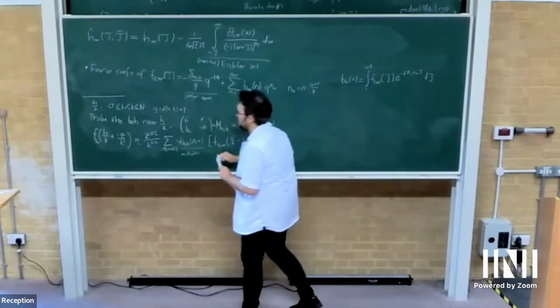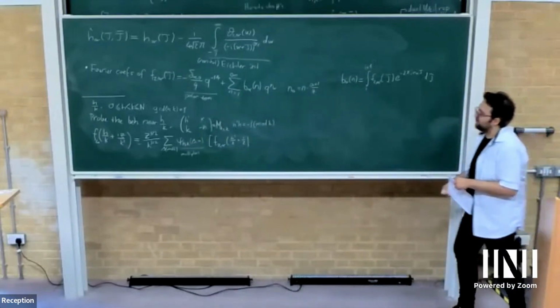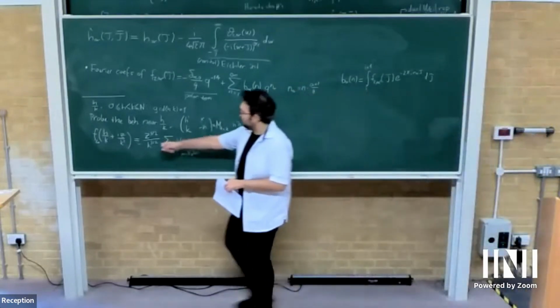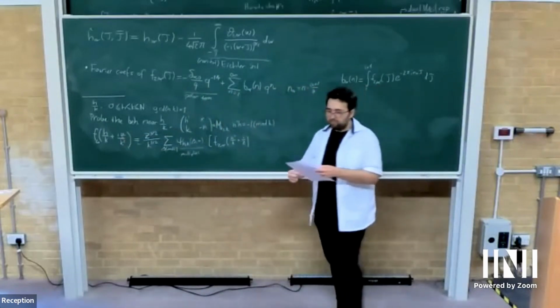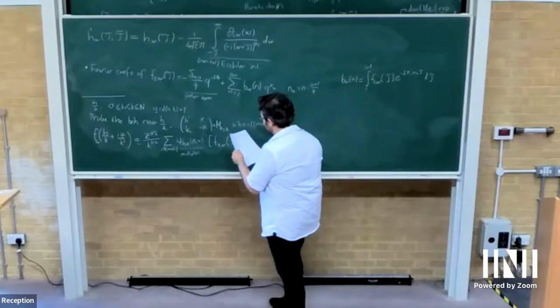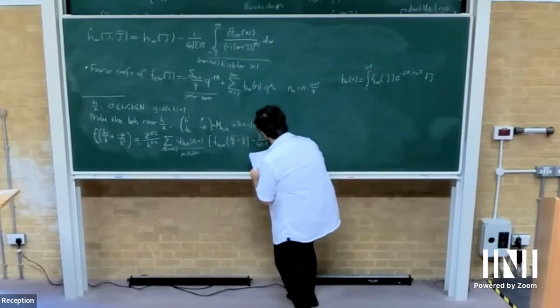Now, if this were an ordinary modular form, I would be done, and that would be great. As V goes to 0, this goes to infinity, and I know the behavior of my function at infinity. But I have more.